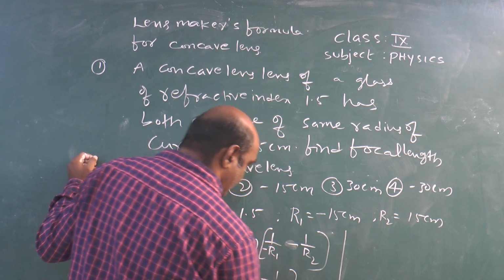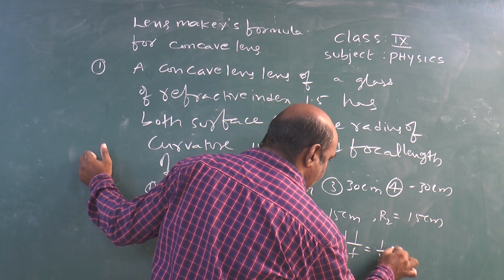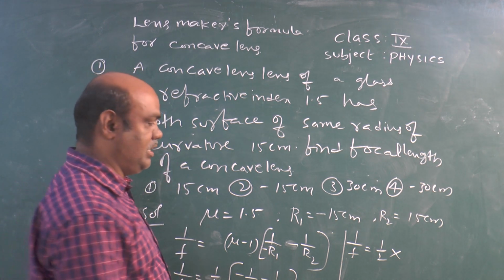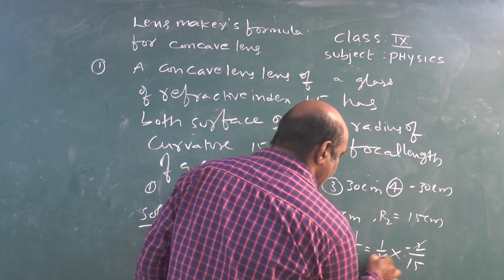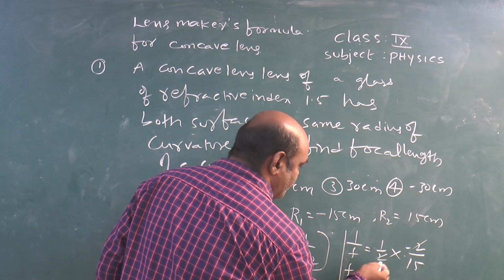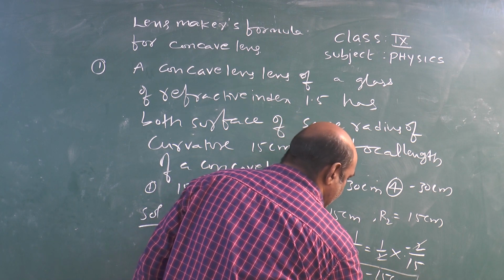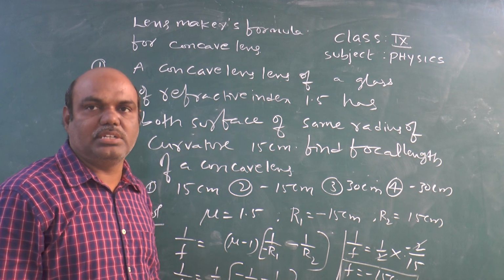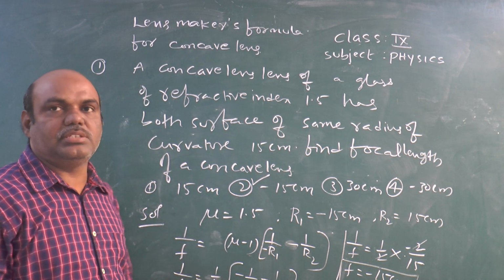Now 1 by f is equal to 1 by 2 into minus 1 by 15 minus 1 by 15. We can take minus 2 by 15. The 2 cancels. After reversing, f equal to minus 15 centimeter. So the focal length of the concave lens is minus 15 centimeter. The second option is correct.